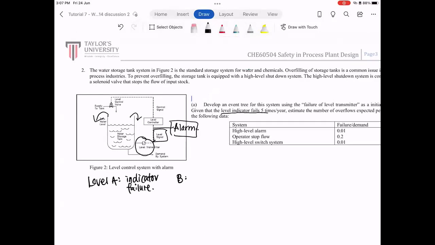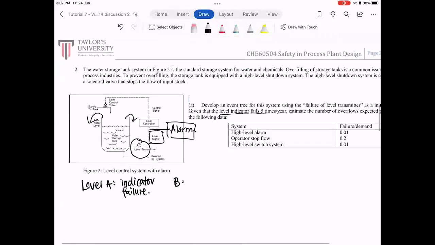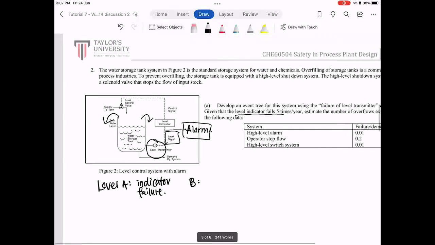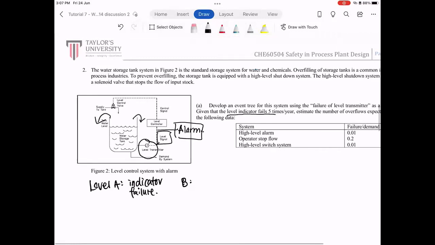The storage is equipped with high-level shutdown system. The high-level shutdown system is connected to a solenoid valve that closes this system. So let me reread the whole thing again. So to prevent overflowing, it is being equipped with this system, which we can see it is this one.